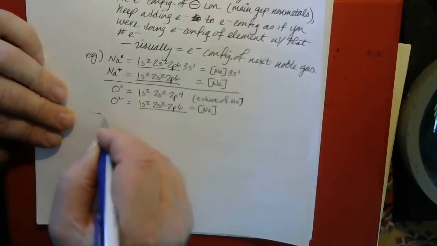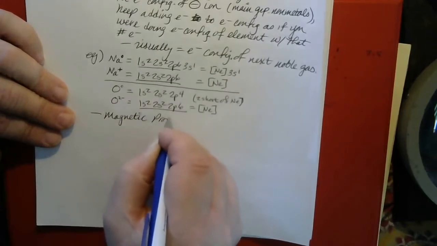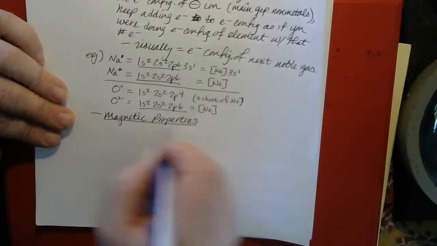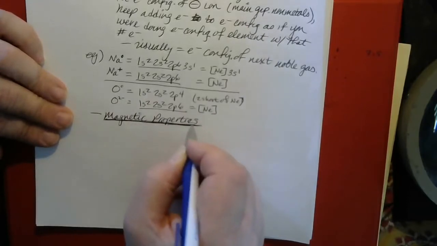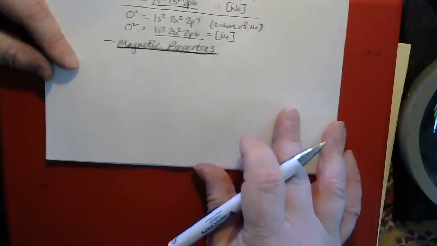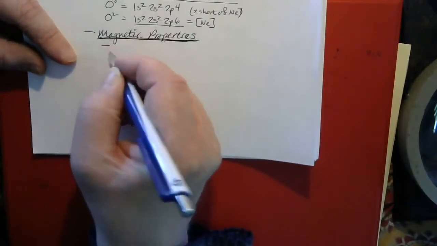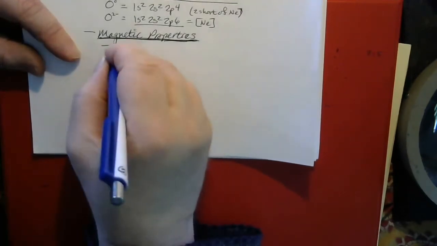All right, as for magnetic properties, there are basically 2 aspects to magnetic properties for an atom. Either it's affected by magnetic fields or it isn't. That's the extent to which we really care about it right now anyway. And if the atom or ion has unpaired electrons in its configuration, then it will be affected by magnetic fields.